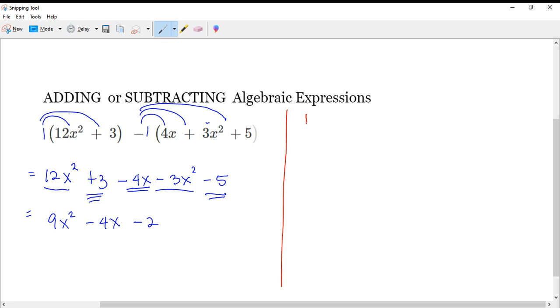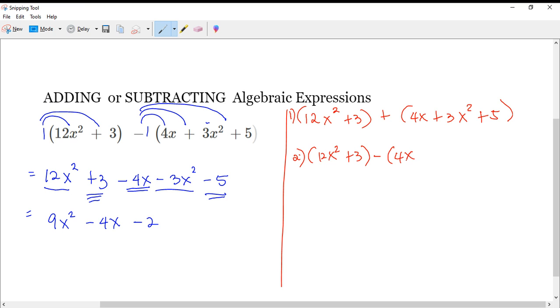Now sometimes you will have something like this. 12, let's say 12x squared plus 3x plus 4x plus 3x squared plus 5. Okay? So this is one example. The second one is 12x squared plus 3x minus 4x plus 3x squared plus 5.